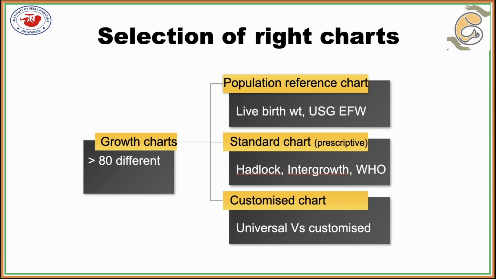The other is the customized chart, and there is a debate whether to use a universal chart or the customized chart. The consensus is to go for the standard chart, and in that standard chart there is a problem with Intergrowth also, and some problem with WHO also. If we discuss this growth chart separately, we can discuss that in detail.